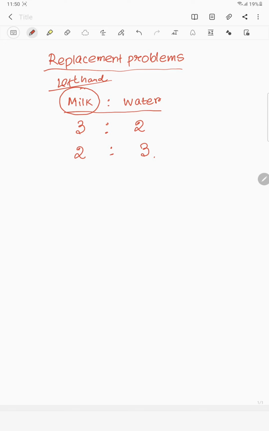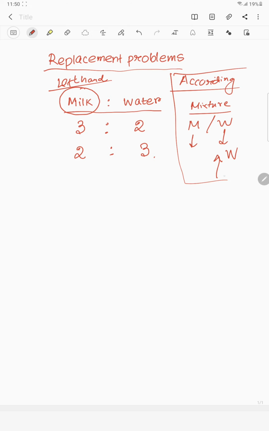According to the normal concept, when we replace a mixture, first milk and water are both taken out, then we add water. But this concept is applied in one line, that we take one out and we add one.